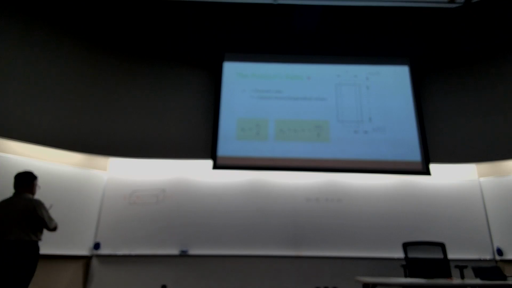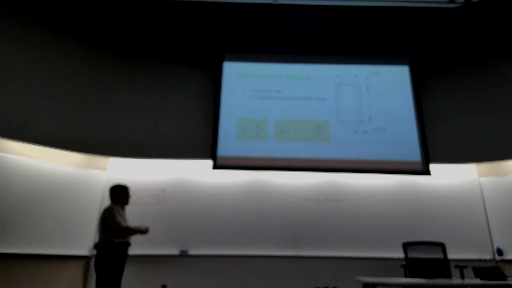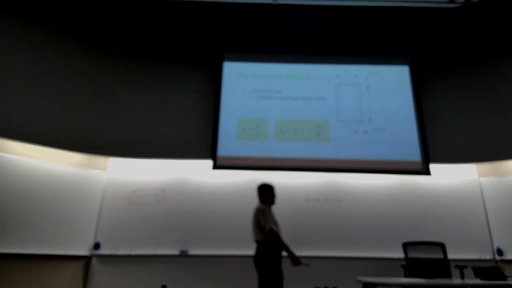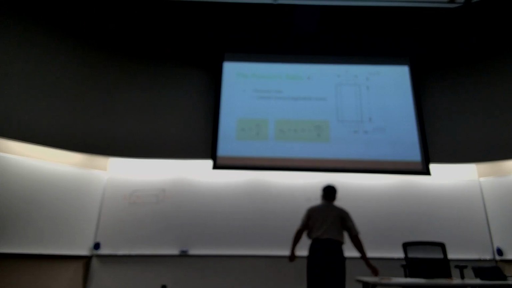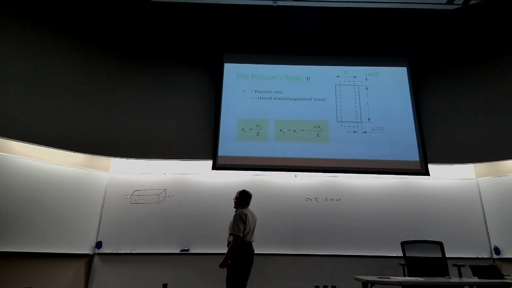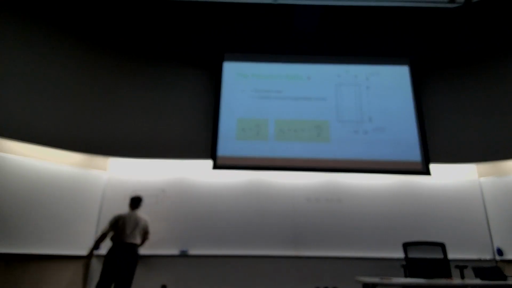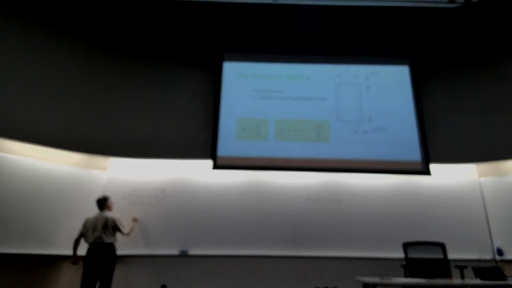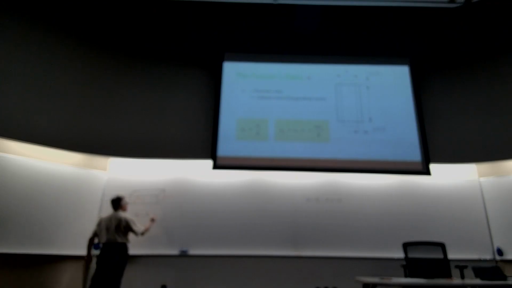If you reverse both, they both become negative. So if you're doing this, then we're going to obviously have a sigma in the x direction, and that's E times epsilon in the x direction.